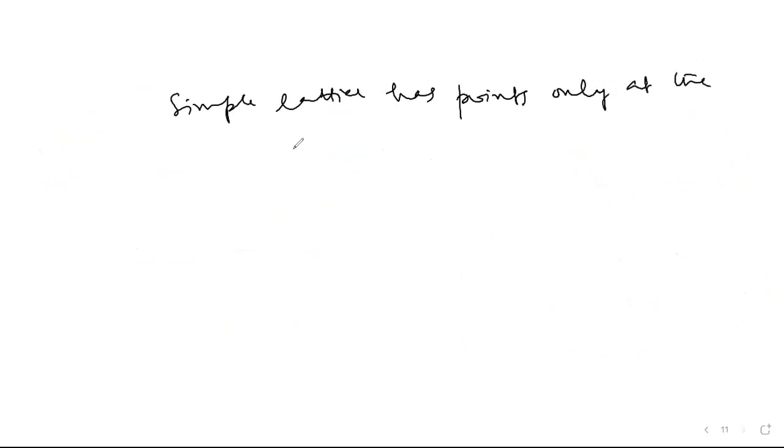Next thing which you need to remember is a simple lattice has points only at the corners, right? A simple lattice has points only at the corners.